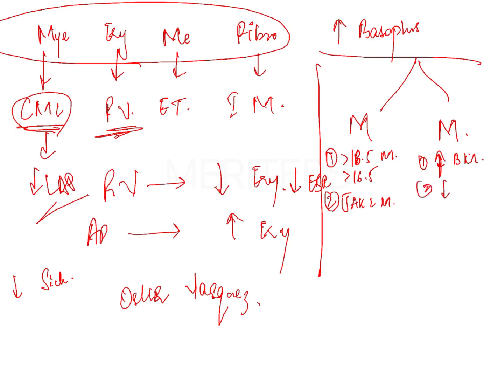You have decreased erythropoietin in the serum, and you have in vitro, that means you take the blood and try to culture it, then the colonies of the erythroid cells will be present characteristically in polycythemia vera. So these are the minor criteria.